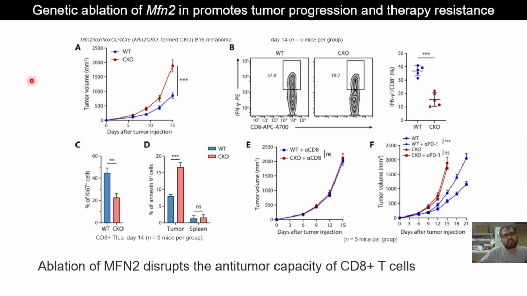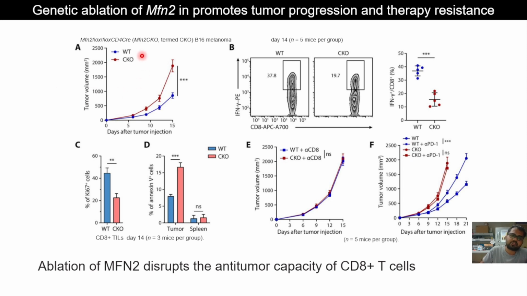So next what they did is they knocked out this MFN2 from these CD8 T cells. So basically they knocked it out in both, because with this MFN2 flox CD4 Cre mice, they knocked out MFN2 in both CD4 as well as in CD8.